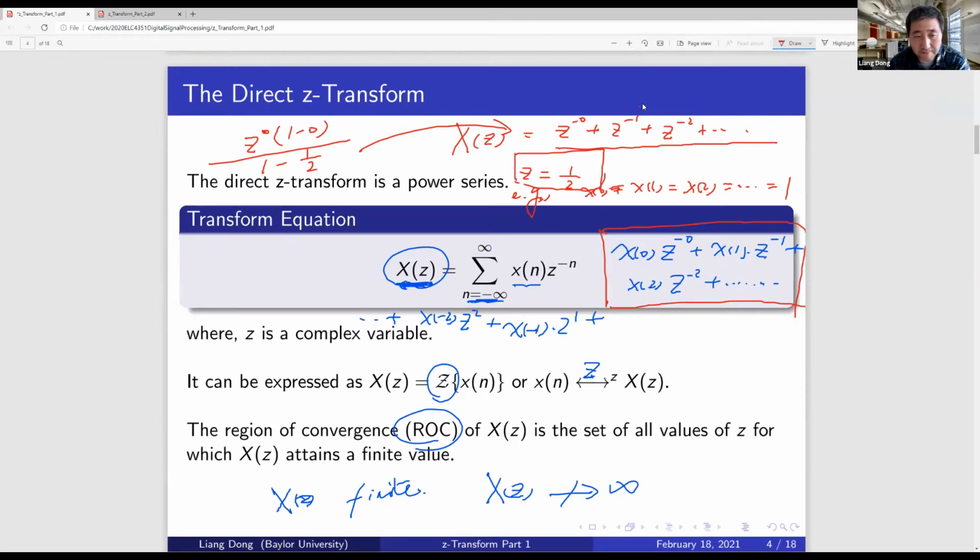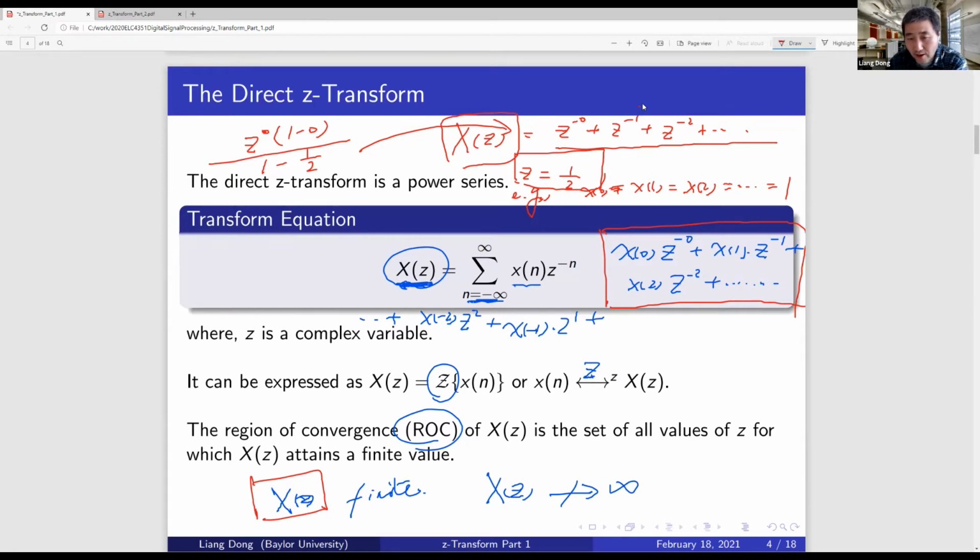So you get that, and that is a finite number. Now, for all z that is less than 1, I can always do that. So that gives me some hint for the region of convergence. Convergence means that X(z) is finite. Otherwise, it diverges and becomes infinitely large.